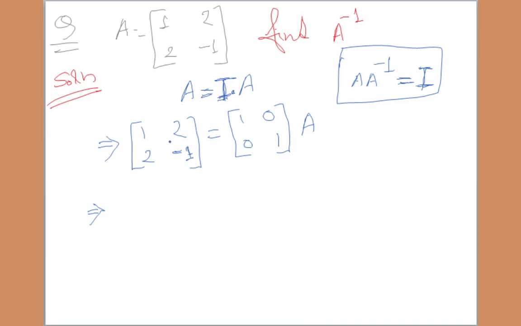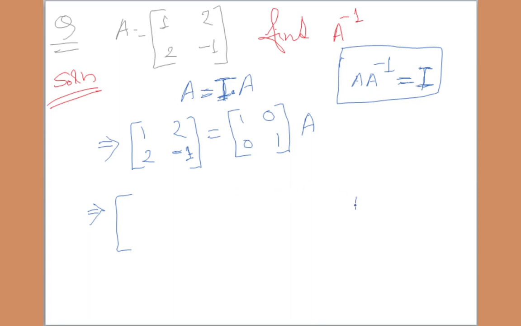The first element is already 1, so we have to make this 2 as 0. How can we make it 0? R2 minus 2R1.